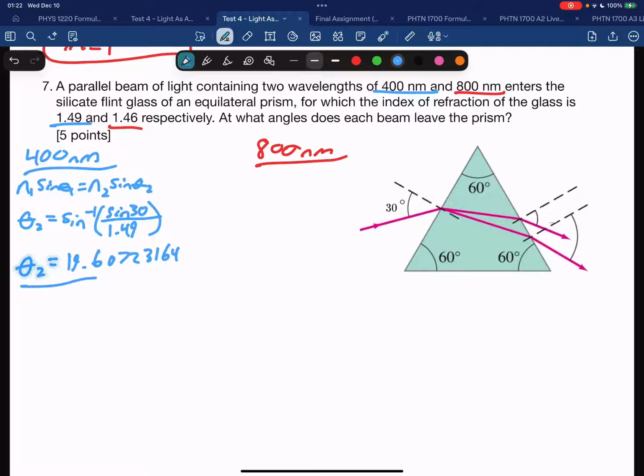Okay, great. Now we need to figure out what the angle of incidence is on the opposite side of the prism after the light has traveled through the full prism.